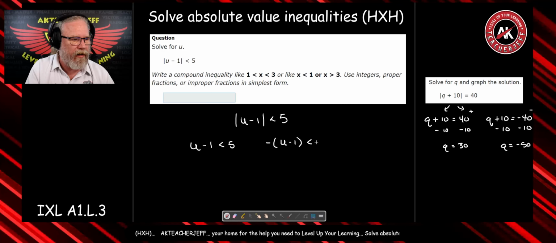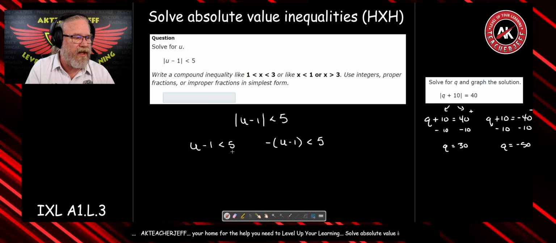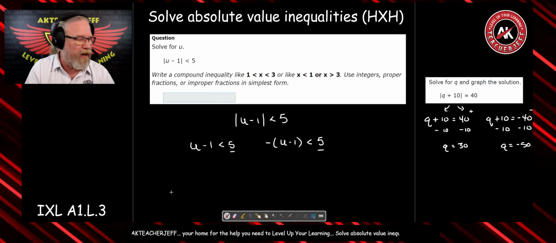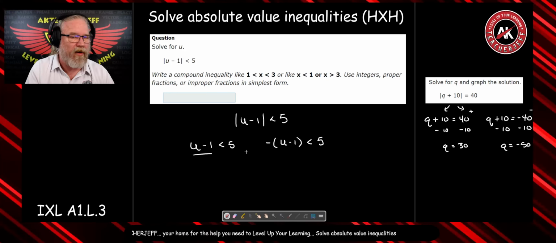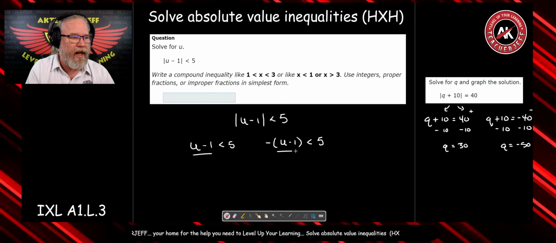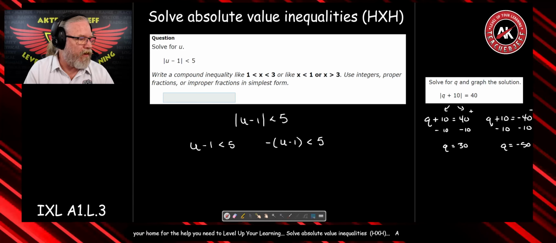And we're going to bring down our inequality symbol, and we're going to leave our answer positive. So notice this time we left the answer positive. Instead, we did a positive form of what's inside the absolute value and a negative form of what's inside the absolute value sign.